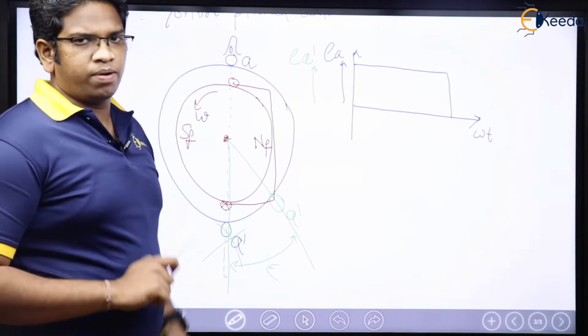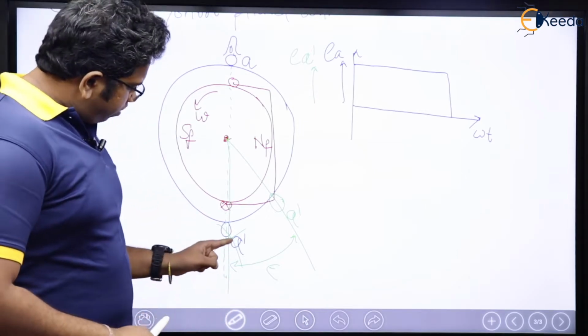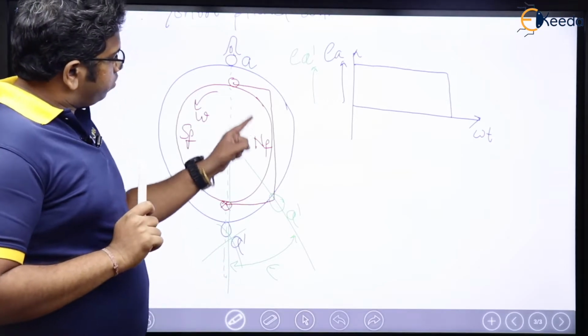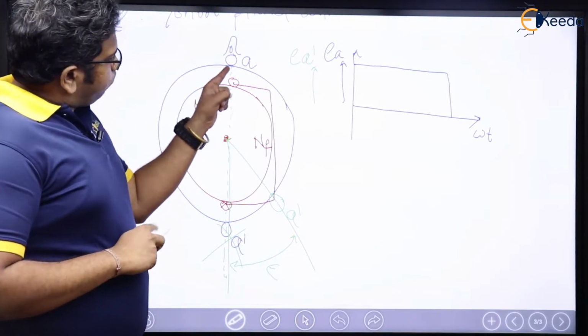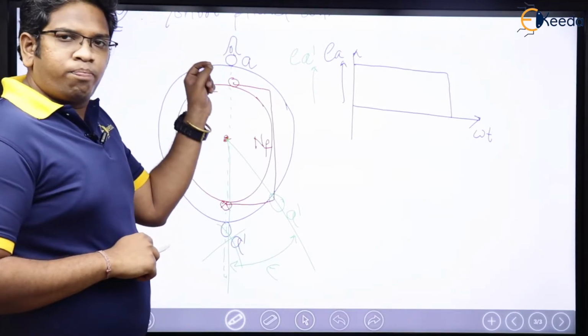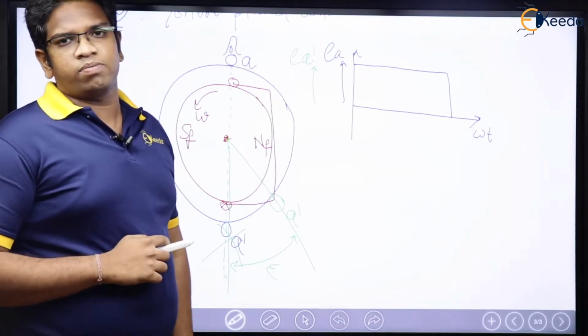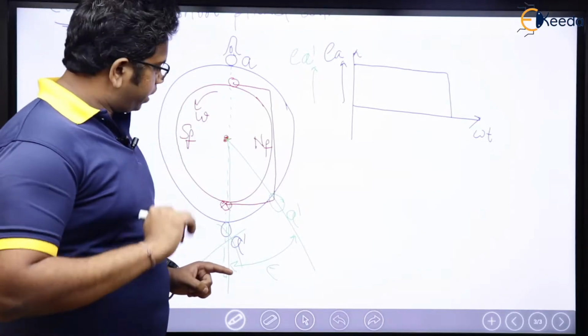Right? Getting my point? Again, very easy. See, if my A dash was here, then what would have happened when North pole reaches here, South pole reaches here, which means the time when A will have positive maximum, at the same time A dash will also have a negative maximum. But what has happened now? See here, what has happened now?